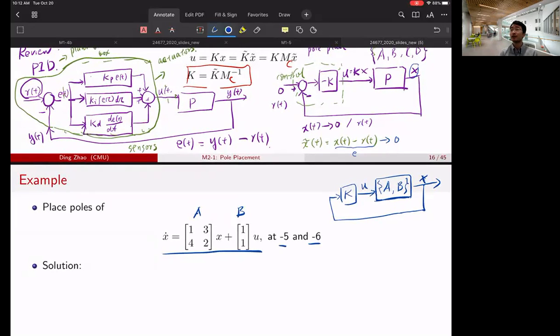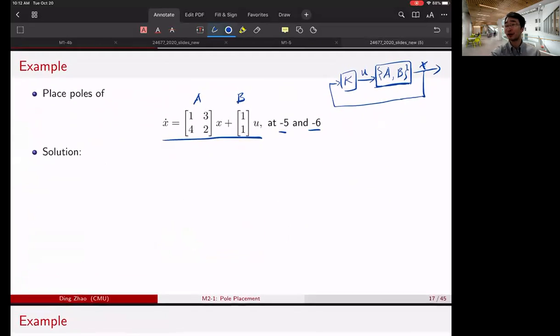Okay, and from the stability lecture, you know this is stable, right? You have 2 poles, both of them negative. This is continuous time, so this should be stable. Let's practice. Okay, so how to do that?